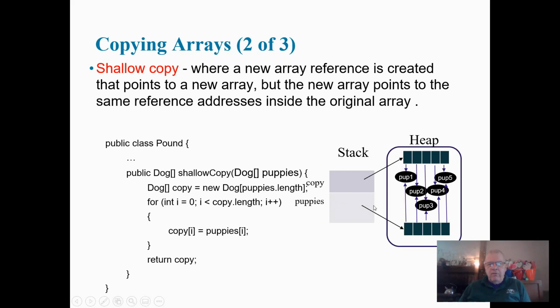So puppies points to an array, and then we copy a new array into copy. Copy also points to this other array, but when we loop through copy.length, we share the inner objects. So this is a shallow copy.